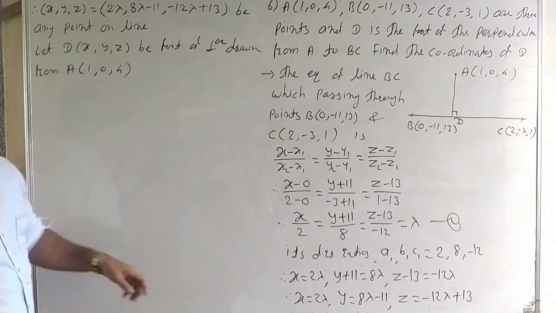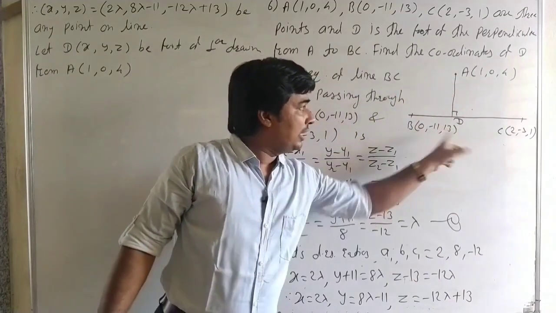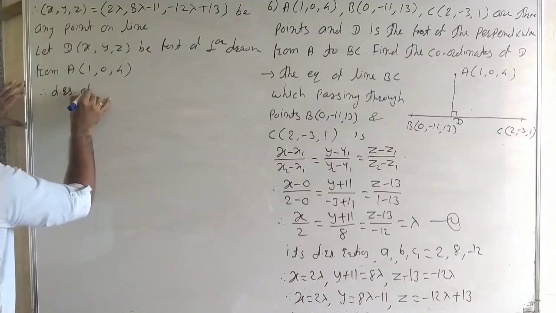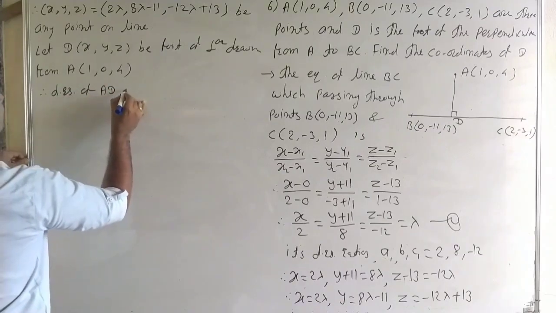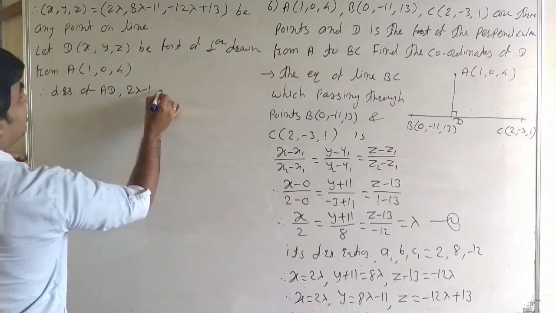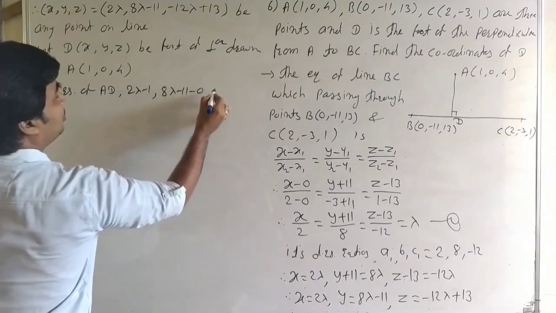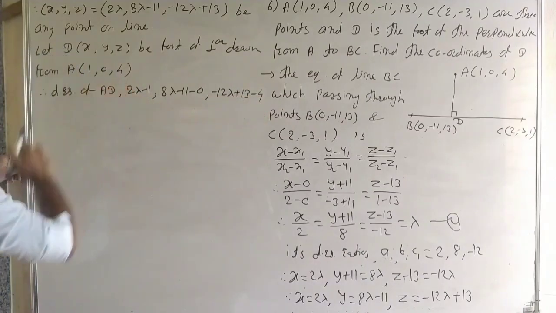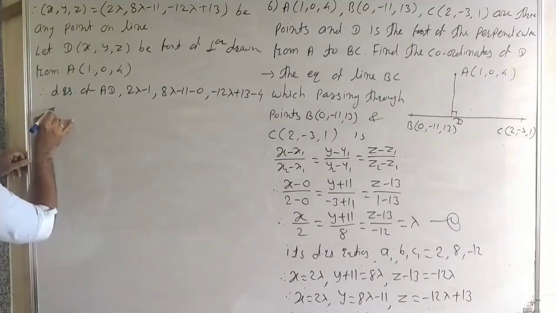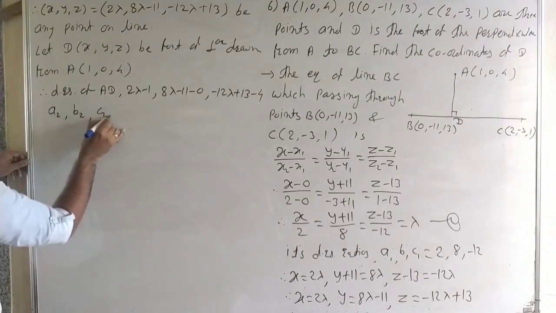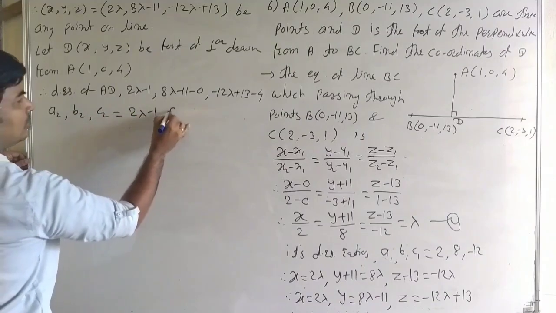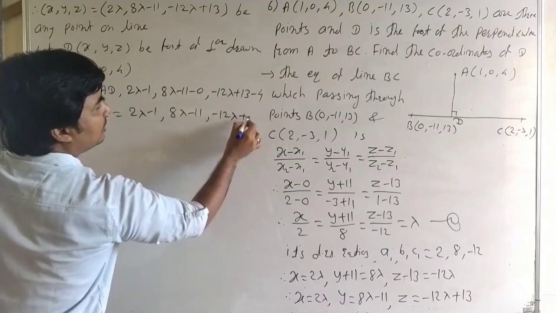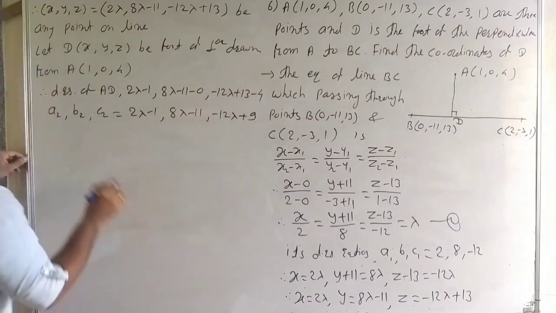Here D is the foot of perpendicular drawn from A on line BC. Therefore the direction ratios of AD are 2 lambda minus 1, 8 lambda minus 11 minus 0, and minus 12 lambda plus 13 minus 4. Then A2, B2 and C2 are 2 lambda minus 1, 8 lambda minus 11, and minus 12 lambda plus 9.